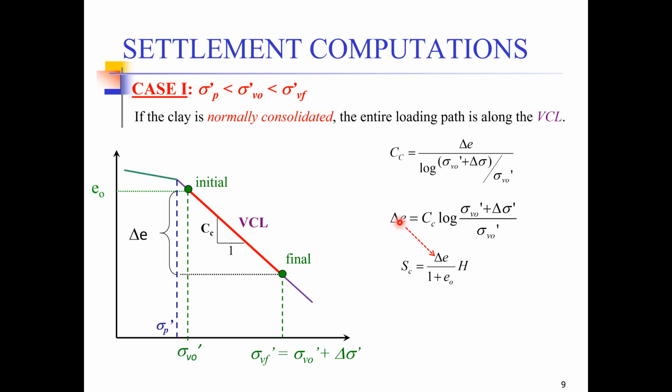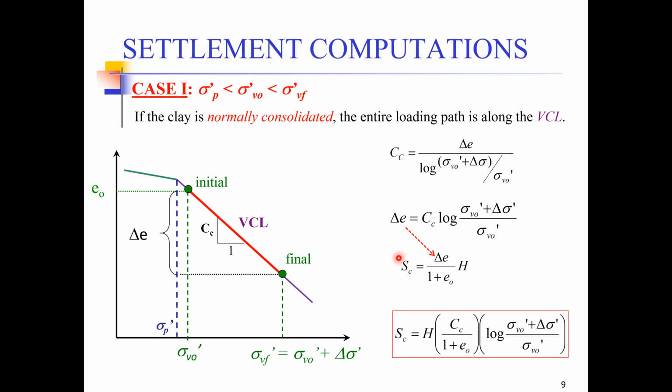So what I can do is replace the value of delta E in this equation. If I put all this in this equation here, I can come up with the following equation, where the consolidation settlement, which is my ultimate goal to determine, equals H times Cc over 1 plus E naught times this log thing here.